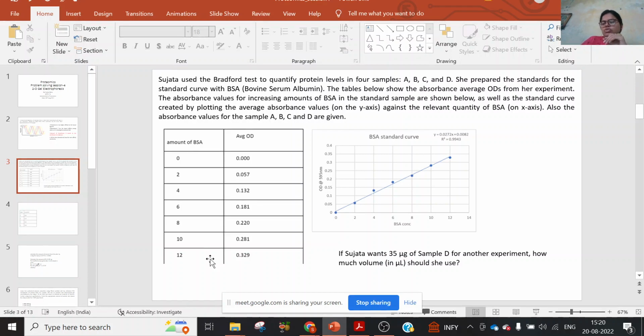So if you have 11 micrograms of protein when you are using 2 microliter of your sample, then what will be the volume if you are using 35 microgram? Because the question is you require 35 microgram. So what will be the volume? It's a simple cross multiplication that you have to do. I'll just show you.